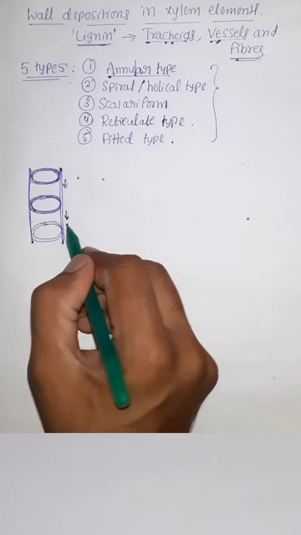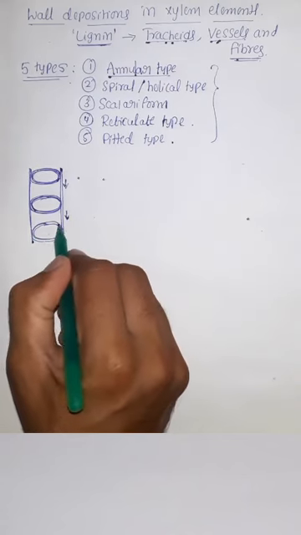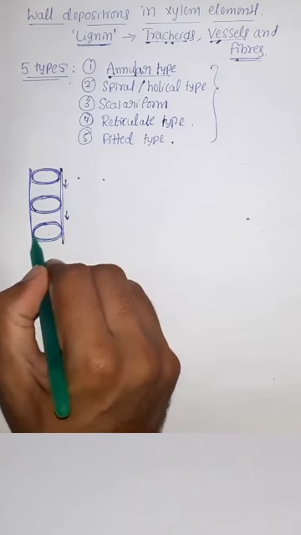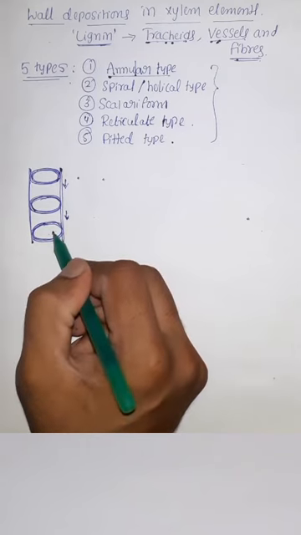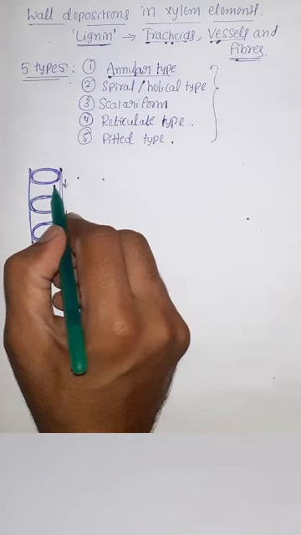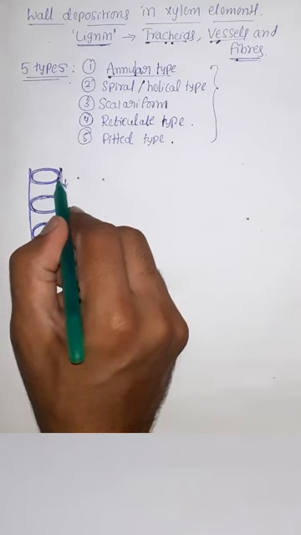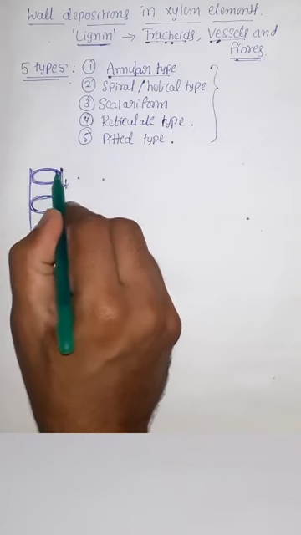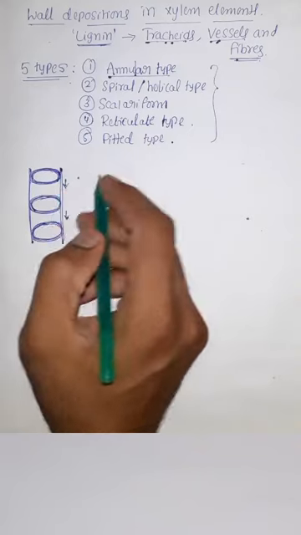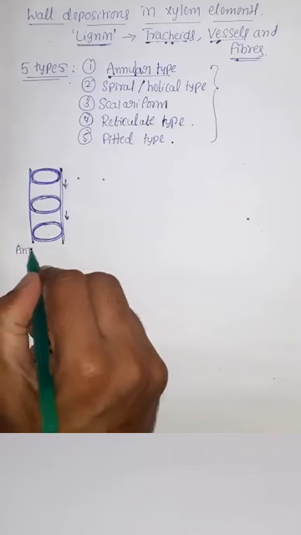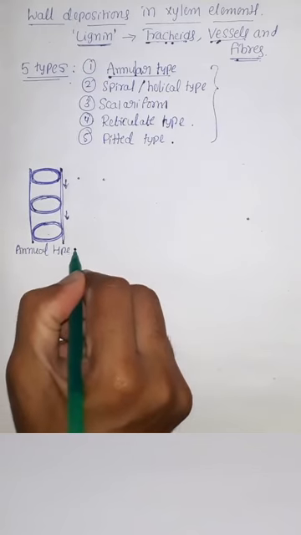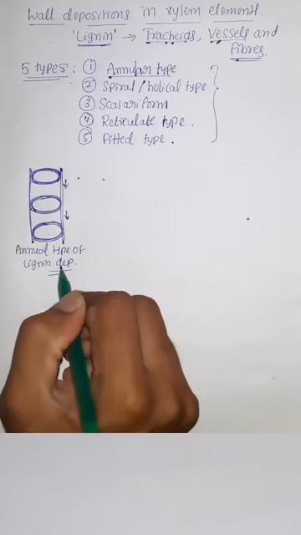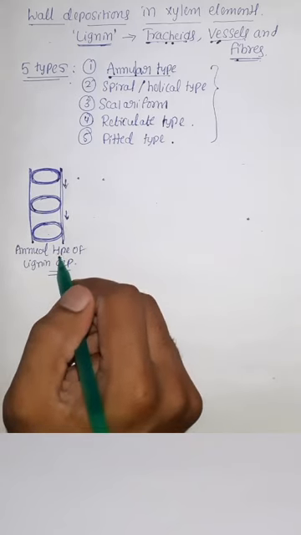After a regular interval, again the lignin deposition will take place like this, so that the lignin is depositing only on particular areas in a ring-like manner. That's why this type is known as annular type of lignin deposition. This is the first type.